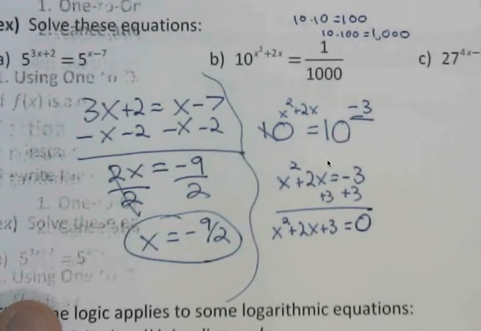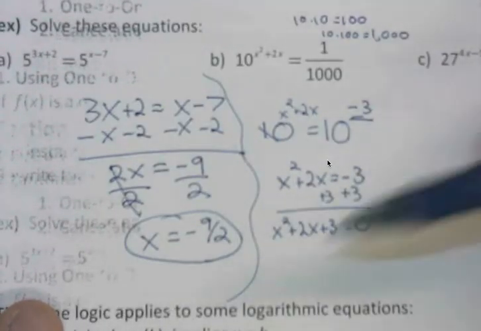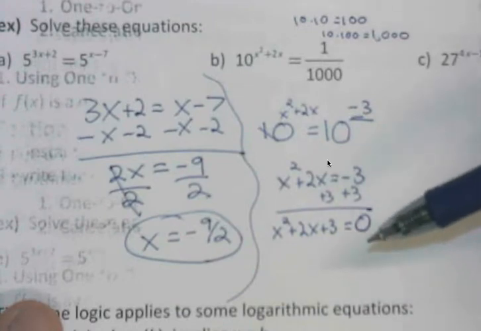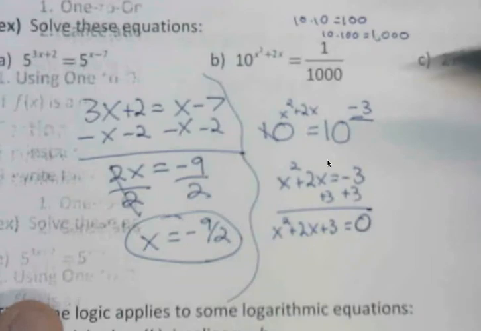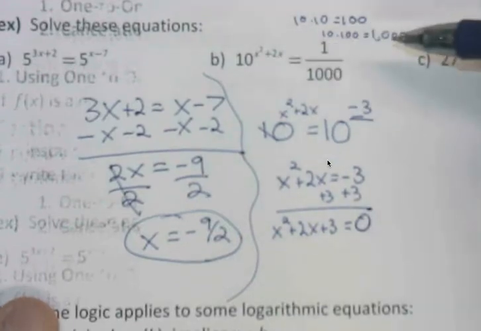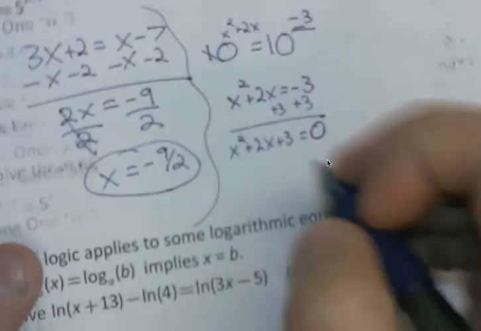So we could solve this. I think we're going to have to use quadratic formula because this isn't going to really work out well. Yeah, we had to add the 3. Those were equal to each other. So you would use quadratic formula at this point.